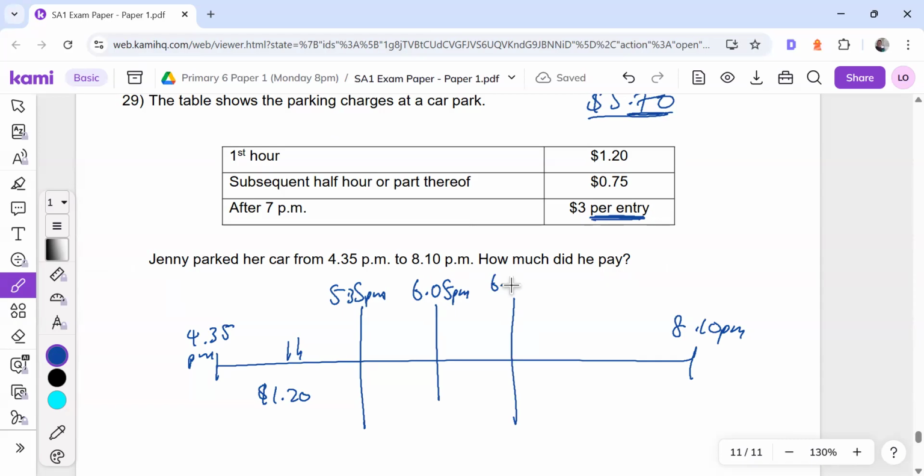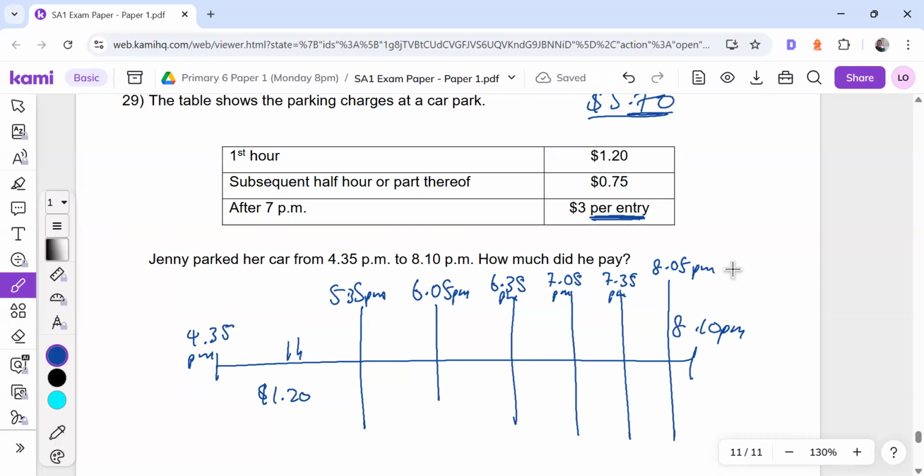And then 6:35. And then another 30 minutes later will be 7:05. And then another 30 minutes later will be 7:35. And then another 30 minutes later will be 8:05. And then after that will be 8:10.